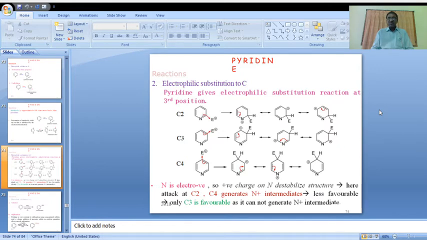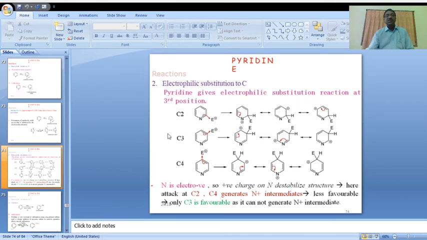But we are strongly telling electrophilic substitution reaction at third position gives more stabilized resonance structures. How is it? We'll discuss why the attack of electrophile on C3 position is more stable. What is the reason? How the different contributing structures are there. What about C2, C4? We'll discuss.